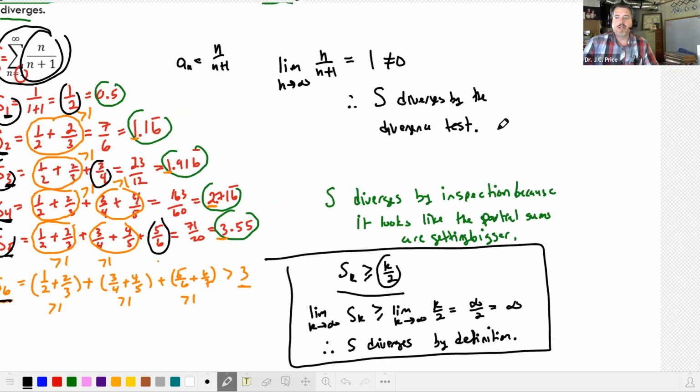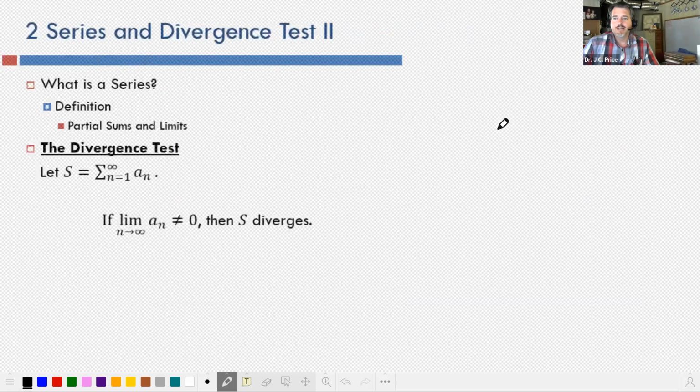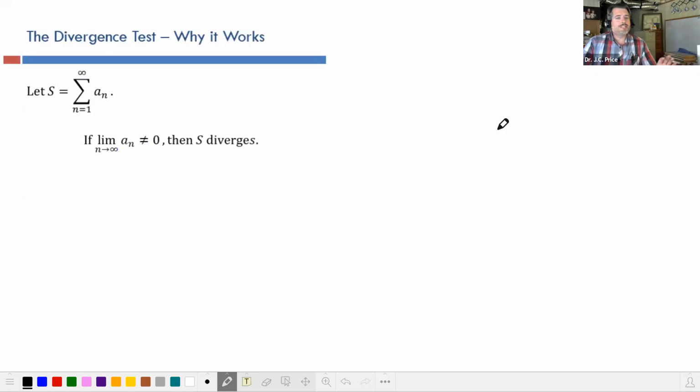All right, last little thing I want to talk about with you guys is to give you an argument as to why it works. I don't like to get too deep into these types of things, because then you guys get lost in the details. So what I usually do is just give you an idea of why a series would diverge if it doesn't satisfy this criteria right here, this little premise that the limit as n goes to infinity of a sub n is not equal to 0.